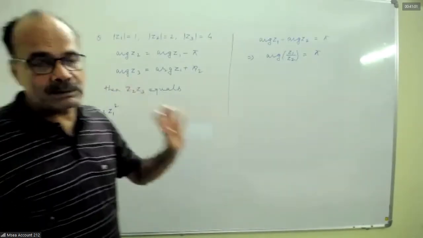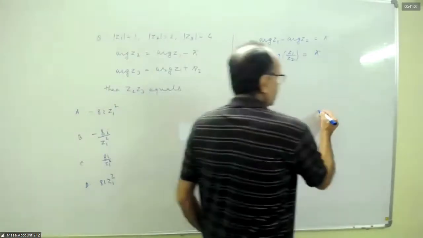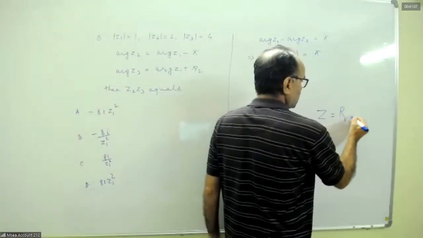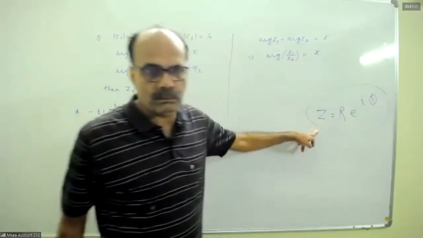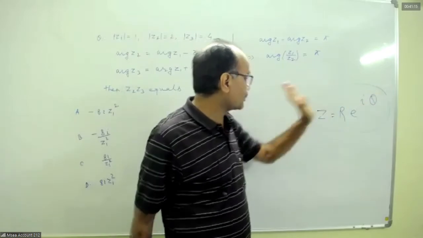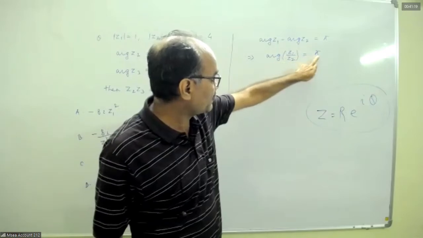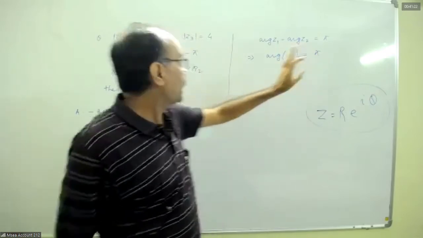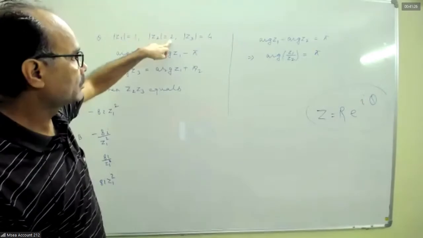Now, Z1 by Z2 is a complex number. Any complex number Z can be written as R into e to the power i theta, the polar form. Capital R is the magnitude and theta is the argument. Now, Z1 by Z2 is a complex number whose argument is pi and whose magnitude is 1 by 2.